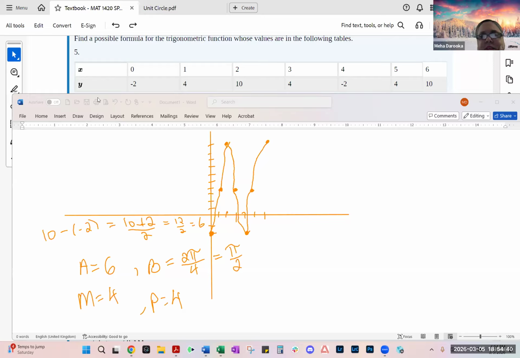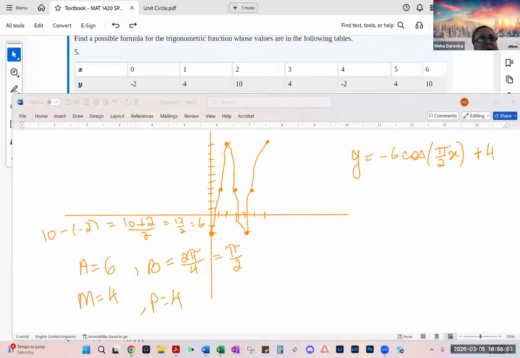Okay, so Logan, you gave me y equals -6 cosine of pi over 2 x plus 4.